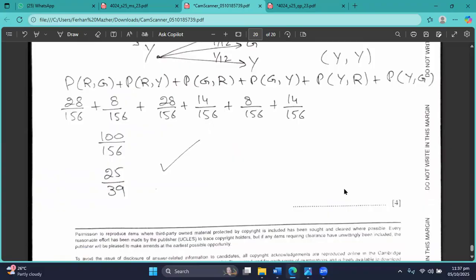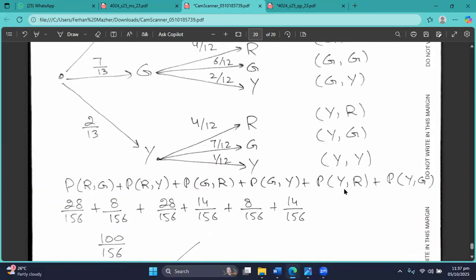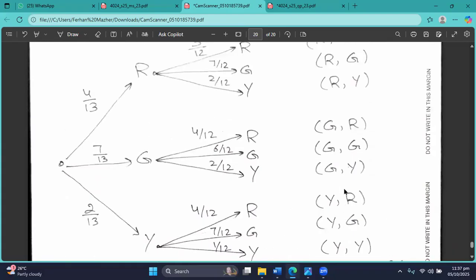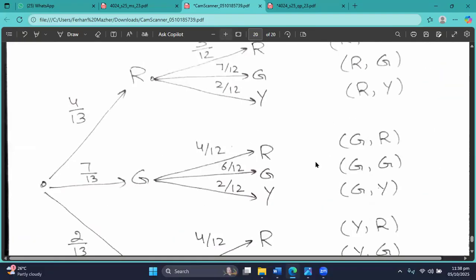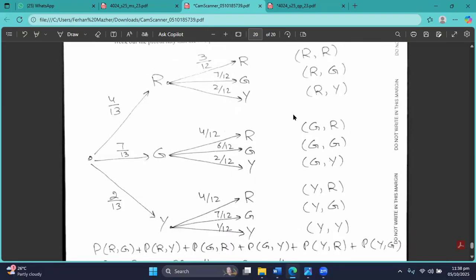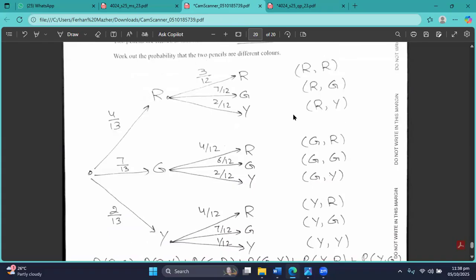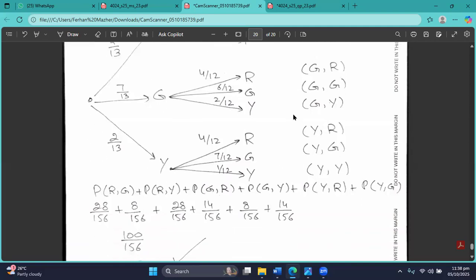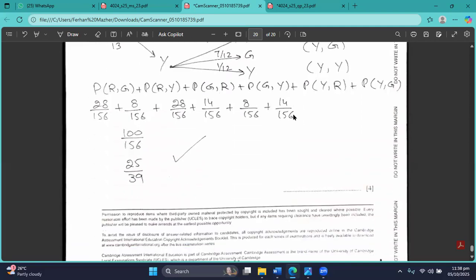And how do I get here? From this tree diagram. So I chose those options where the colors are different, found their probability and added them up.